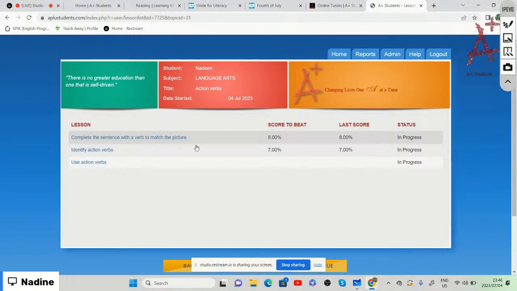We then also identified the action verbs, and we also showed how to use the action verbs within sentences. And remember, action verbs are things that you are doing on a constant basis. The fact that I'm talking or teaching or tutoring, that means that I am doing something. The fact that you are watching or listening, that is also an action verb.